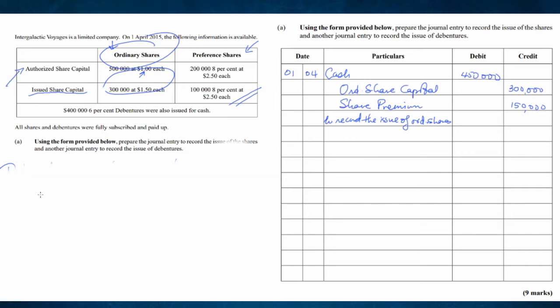So let's turn our attention to the preference shares. Remember that we're going to focus specifically on issued share capital. At this point, we had 100,000 8% preference shares issued at a price of that should be $2.50. So let's calculate our preference shares. 8% preference shares.